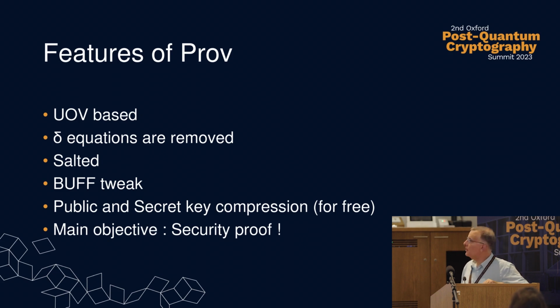It is also UV based, and there's just one small tweak in the building of the secret key. You just remove delta equations. That's the only difference between UV and PROV.